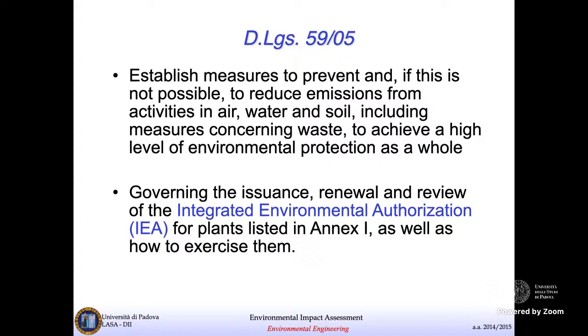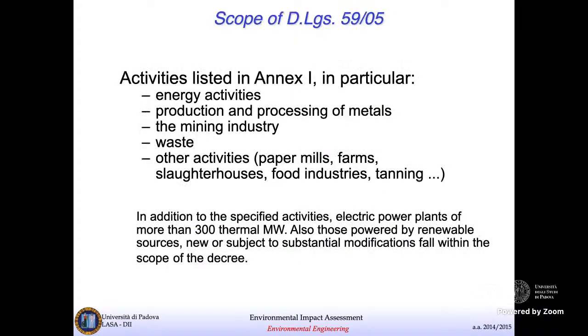It is under Decree 59 of 2005, governing the rules for the issuance, renewal, and review of the integrated environmental authorization for plants listed, as I said in the beginning, in Annex 1, as well as how to operate these plants.